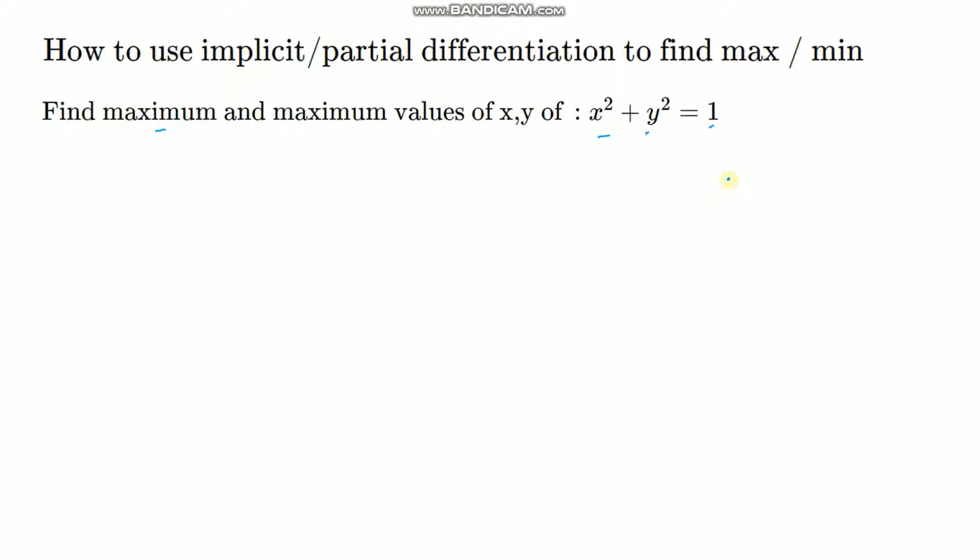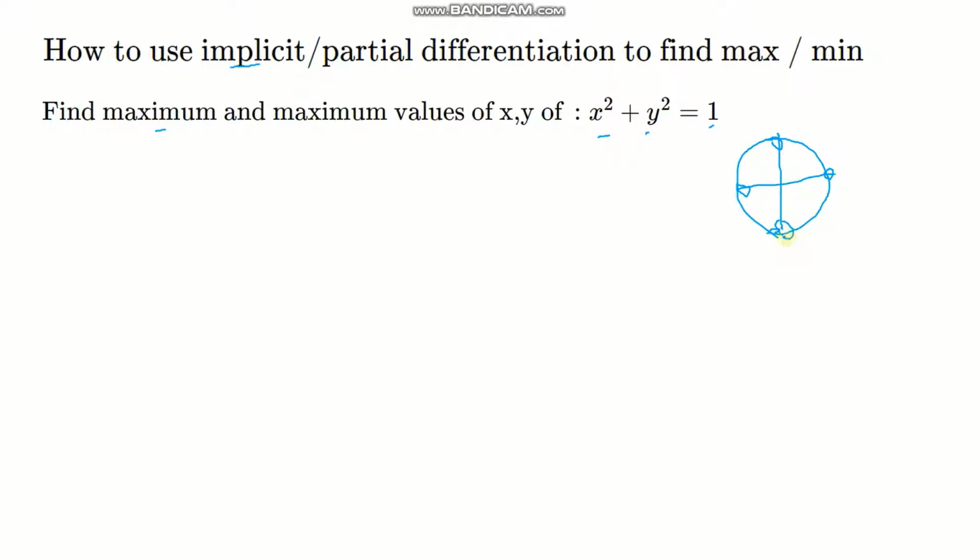We already know that the maximum values of x and y of a unit circle are plus or minus 1 for x and plus or minus 1 for y. So how do we solve for these values using calculus? That is by differentiation. Till the end of this video, I will use partial differentiation. Anyway, if you use implicit differentiation, it's still the same result.